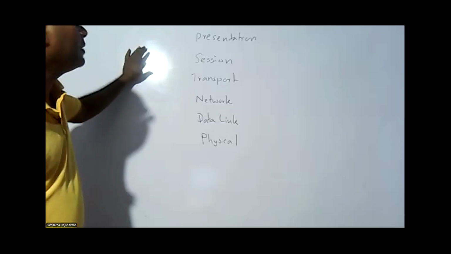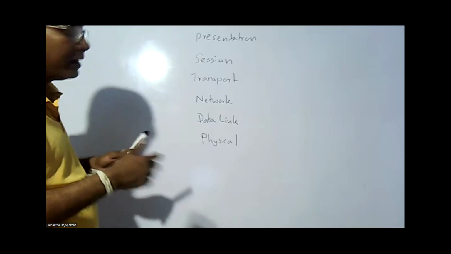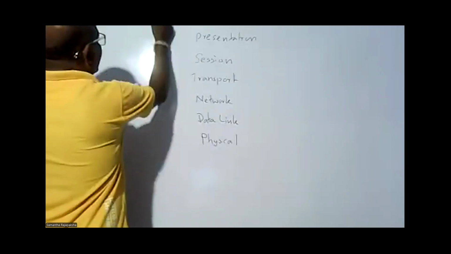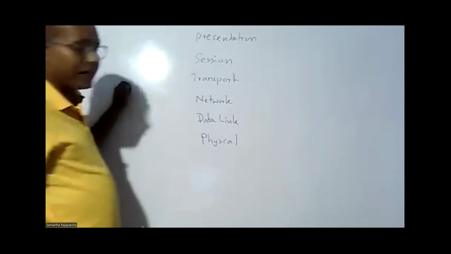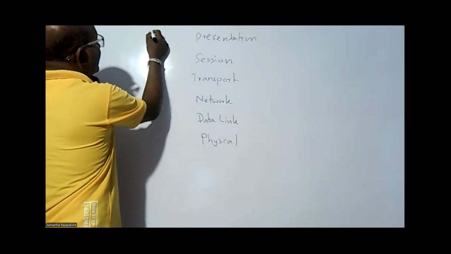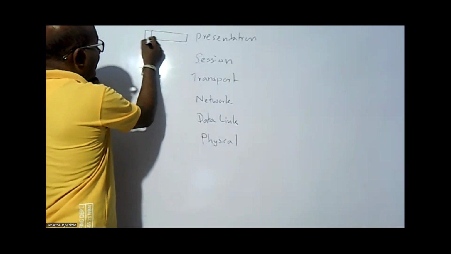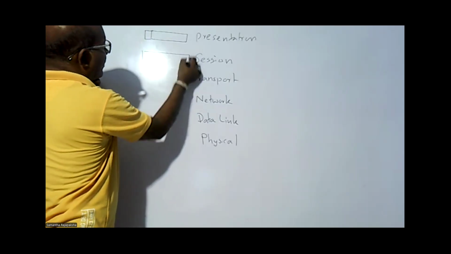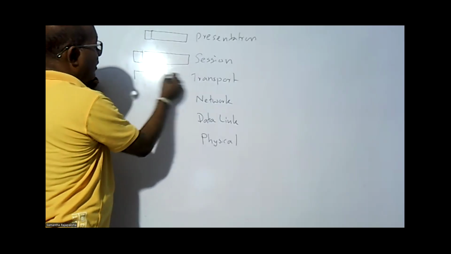Now, when the application sends a message with some data, what happens? The application will add a header and send to the next layer, and the next layer adds another header and sends to the next layer, and that layer adds another header and sends to the next layer, like this.